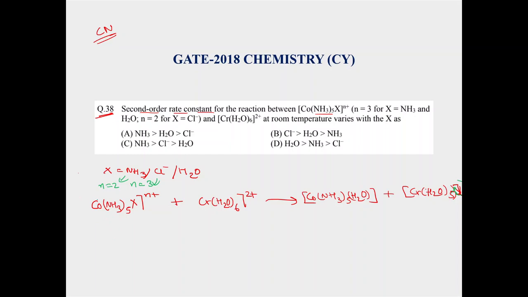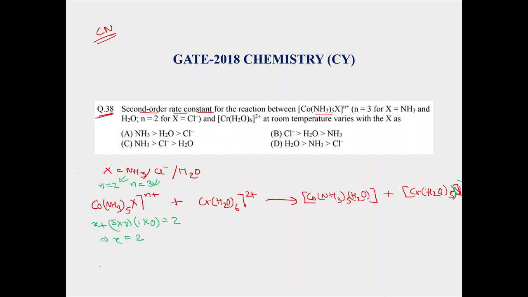So if we consider that x is the oxidation state of this cobalt, then x plus ammonia is a neutral ligand, so 5 into 0. And when it is water or ammonia, as water and ammonia are neutral ligands, it will be 1 into 0. Okay. So this is n. They have given for ammonia and water the value of n is 2. Therefore, when X is NH3 or H2O, x is equal to 2.